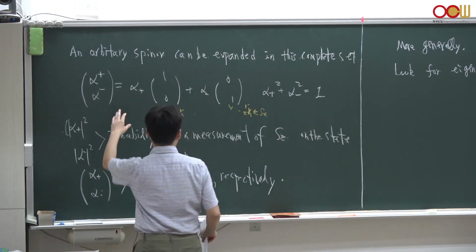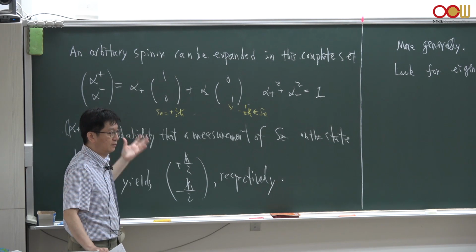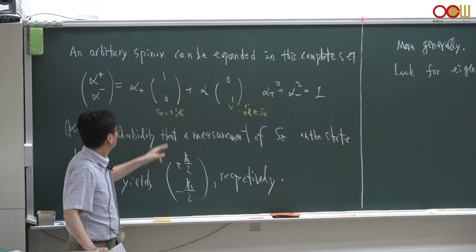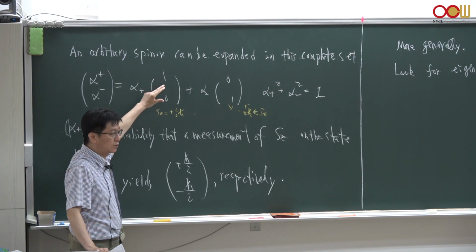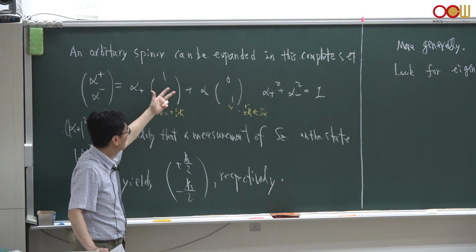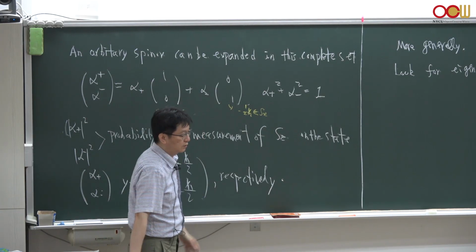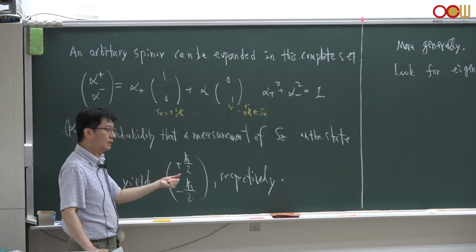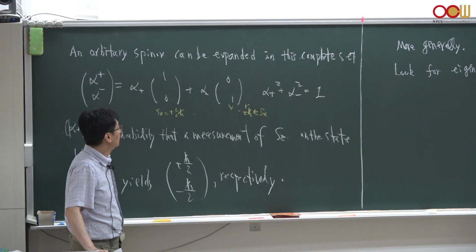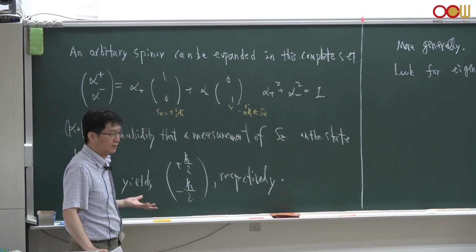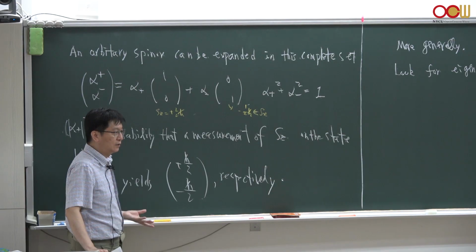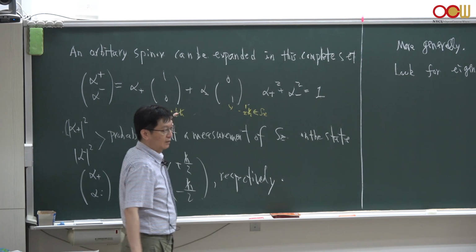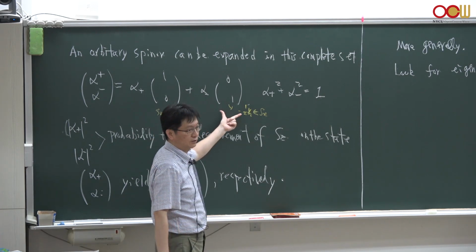And this is precisely the Schrödinger's cat story that you know very well: if this state 1, 0 refers to the living cat state, and the 0, 1 state refers to the state where the cat is dead, Schrödinger says that before you open up the basket to check whether the cat is alive or dead, the cat state could be any state between alive and dead, which is a linear combination of state 1, 0 and state 0, 1.